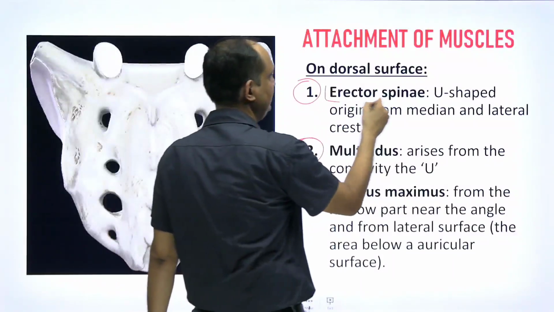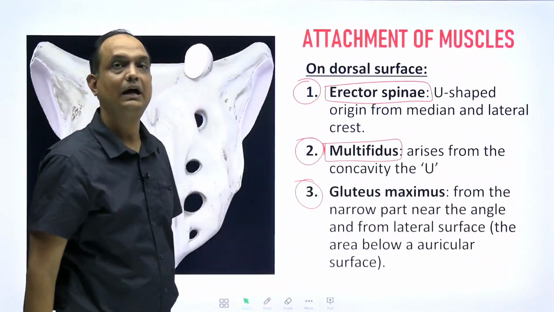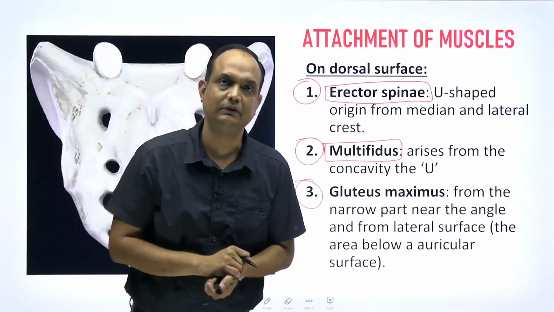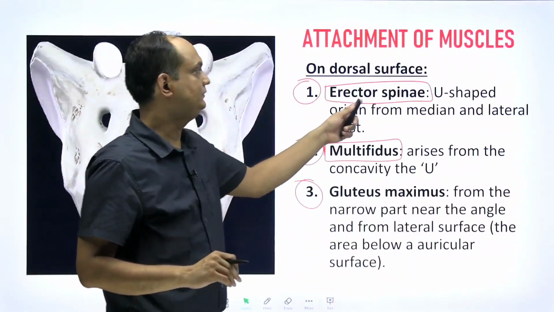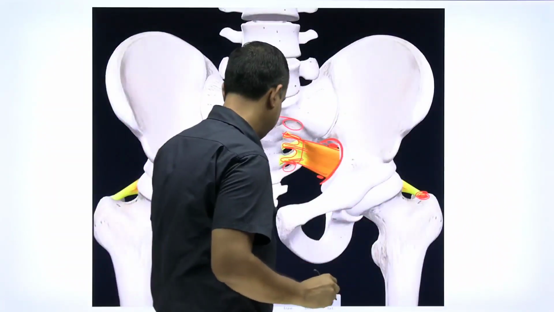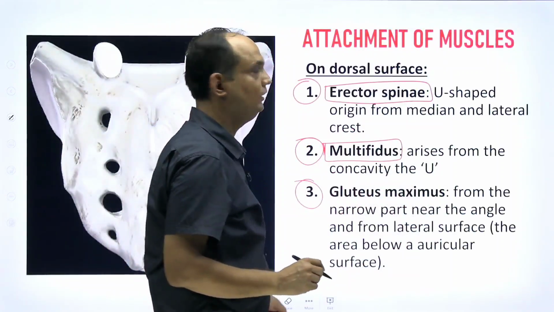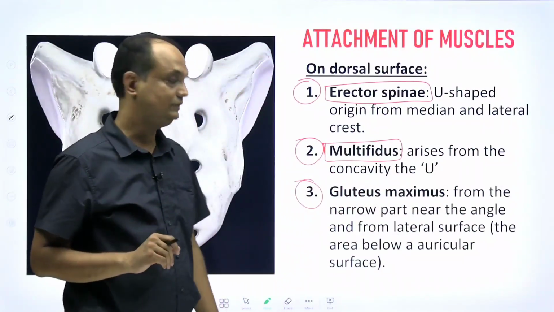Erector spinae and multifidus are deep muscles of the back. The erector spinae has a U-shaped origin from the posterior or dorsal surface.